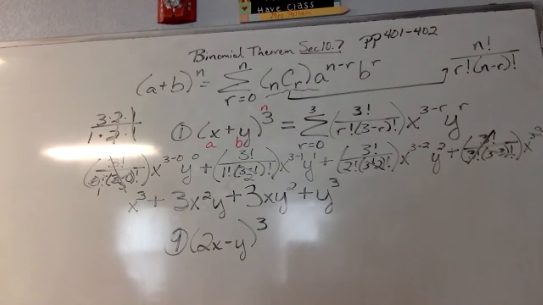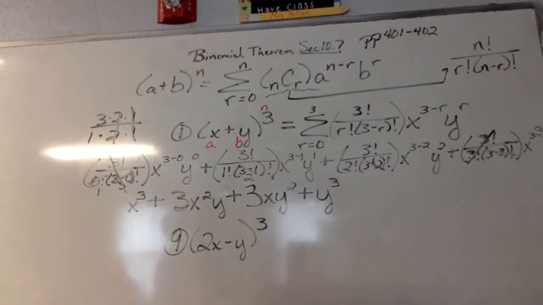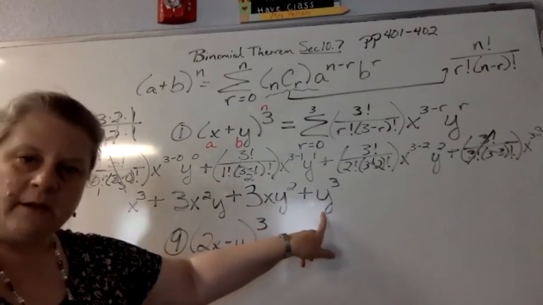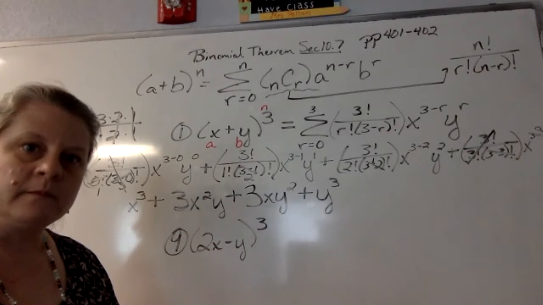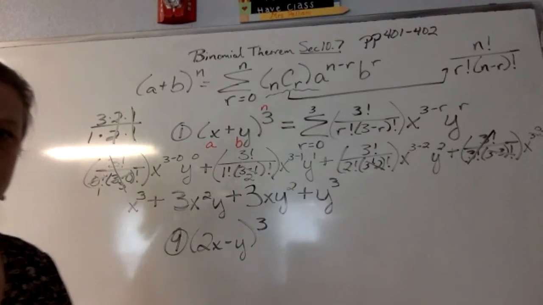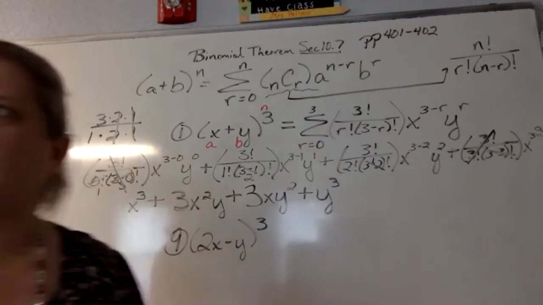When n was equal to 3 on Pascal's triangle on page 489, your coefficients were 1, 3, 3, and 1. That's what we got, right? 1, 3, 3, and 1 when n was equal to 3. So all of that was just one problem.